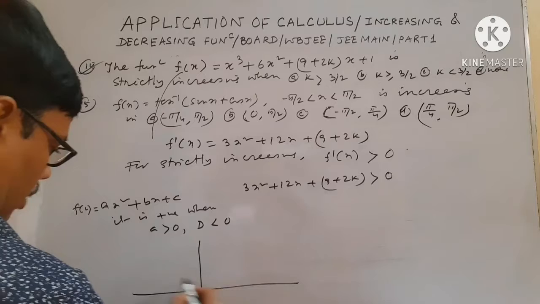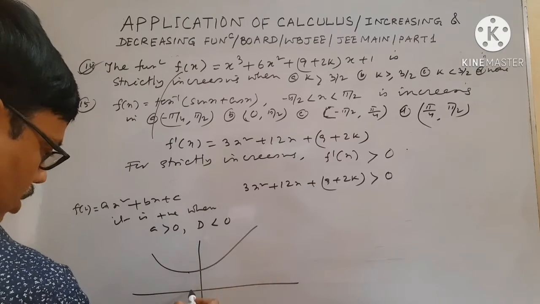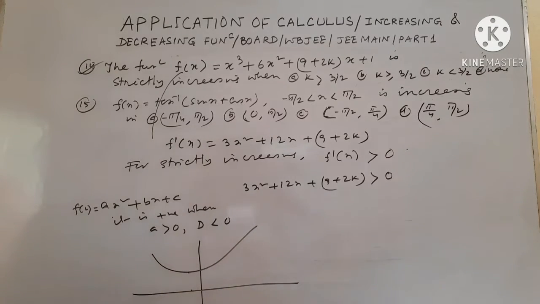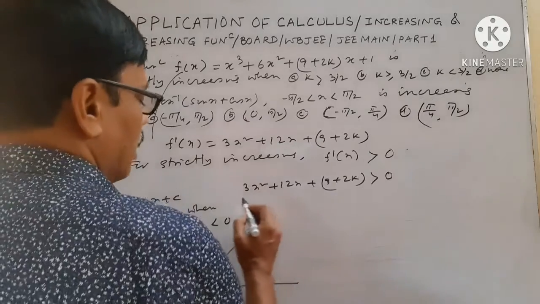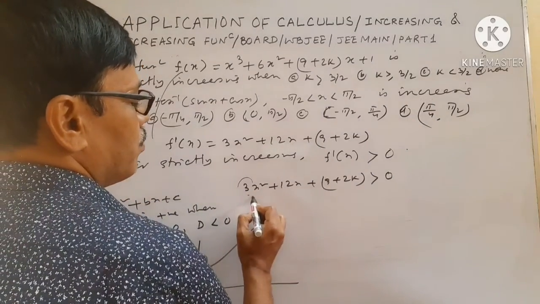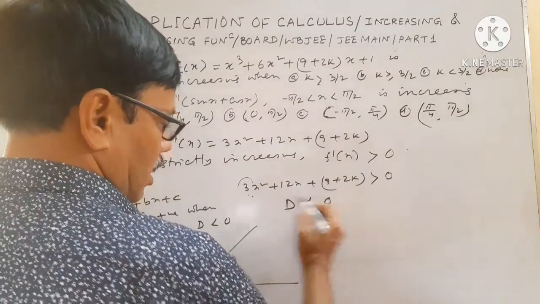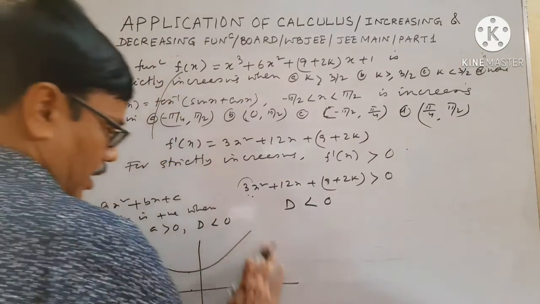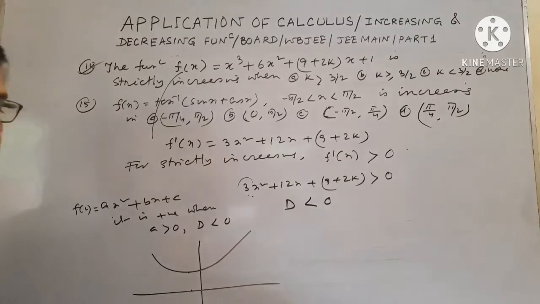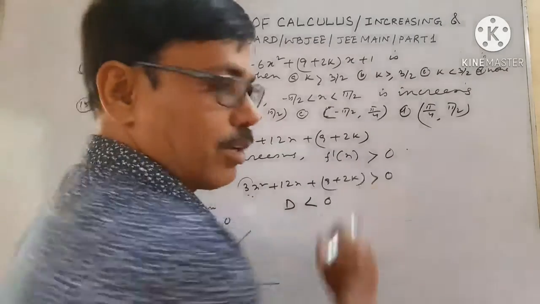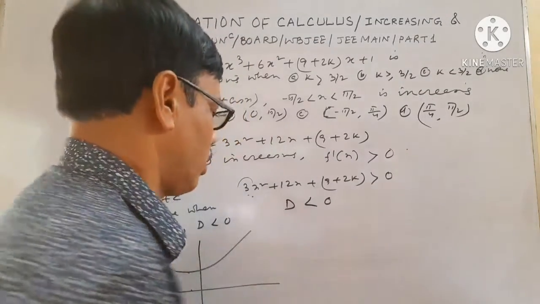The parabola is cut like this, it does not cut the x-axis. Here a is obviously positive, therefore the discriminant of the corresponding equation is less than 0.